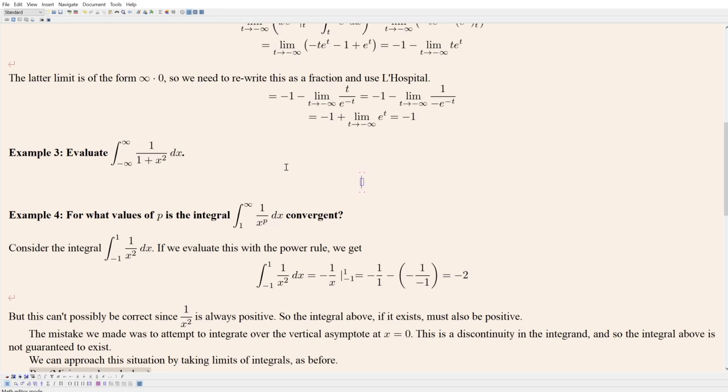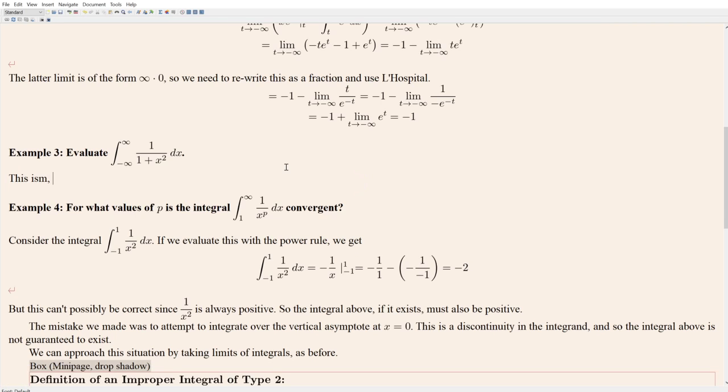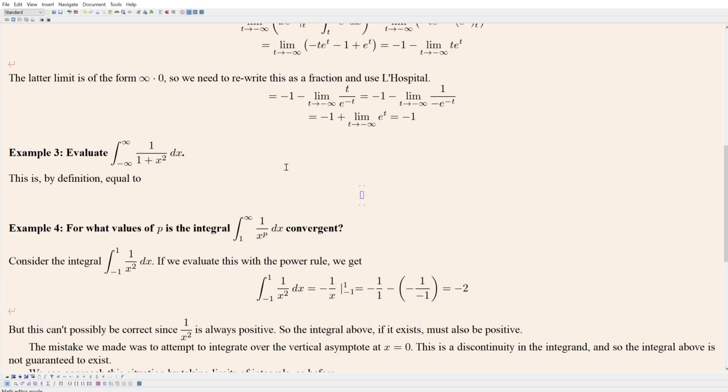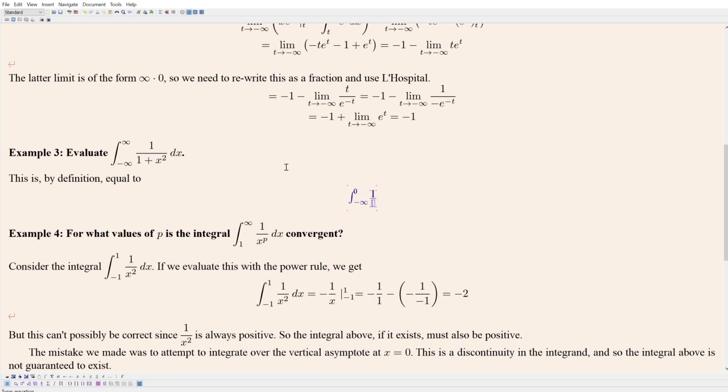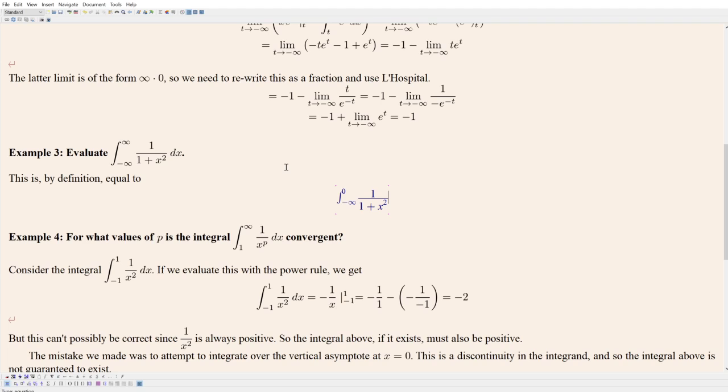That's easy enough. I could have picked this point to be anything I want, but I picked 0 for convenience.